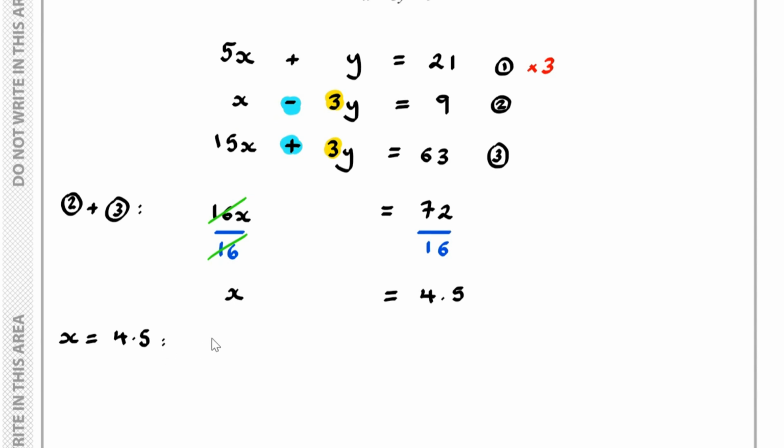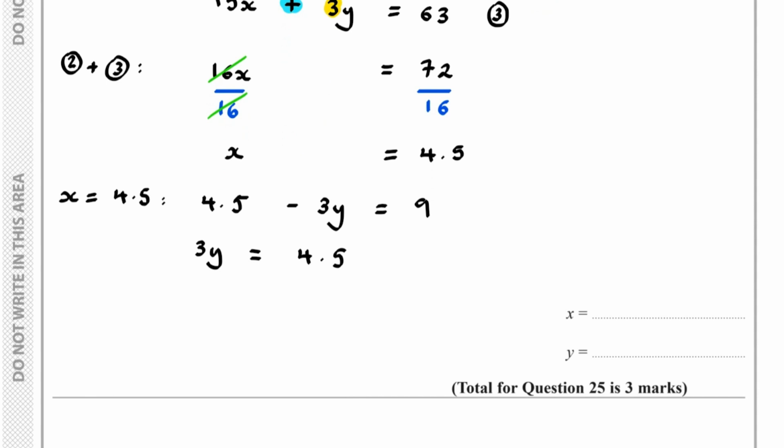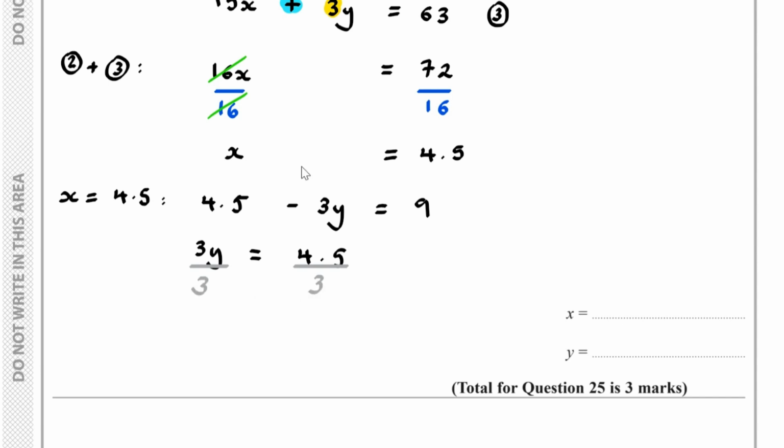So, we have 4.5 minus 3y equals 9. 3y is equal to 4.5, and if I divide both sides by 3, what we will be left with is y equals 4.5 divided by 3, which is 1.5. So we have x equals 4.5 and y equals 1.5.